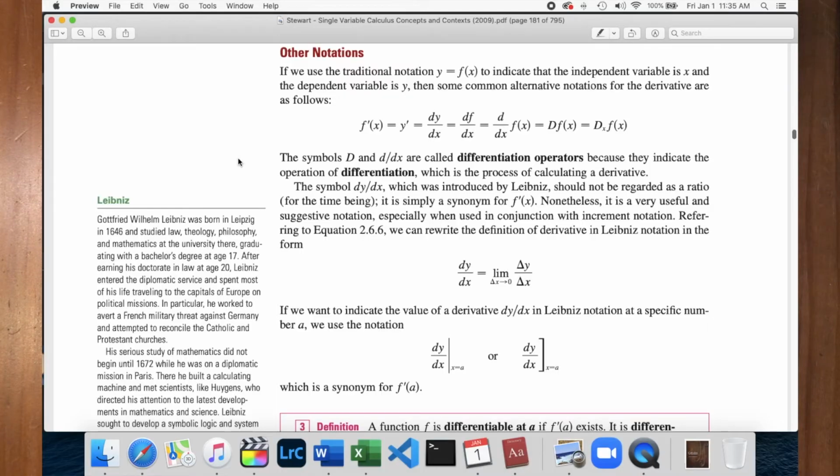He says, the symbols d and dx are called differential operators because they indicate the operation of differentiation, which is the process of calculating a derivative. The symbol dy over dx, which was introduced by Leibniz, should not be regarded as a ratio. It is simply a synonym for f prime of x.